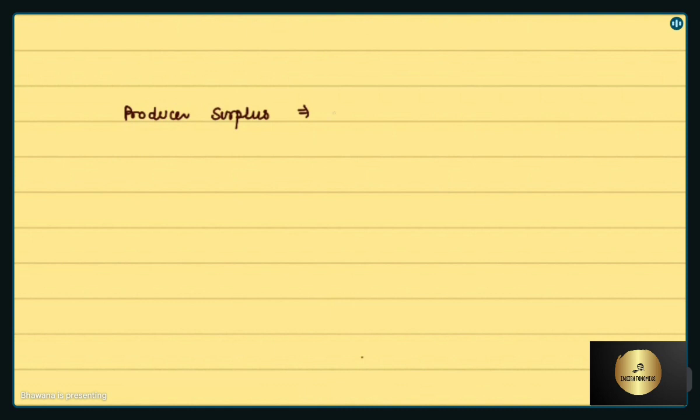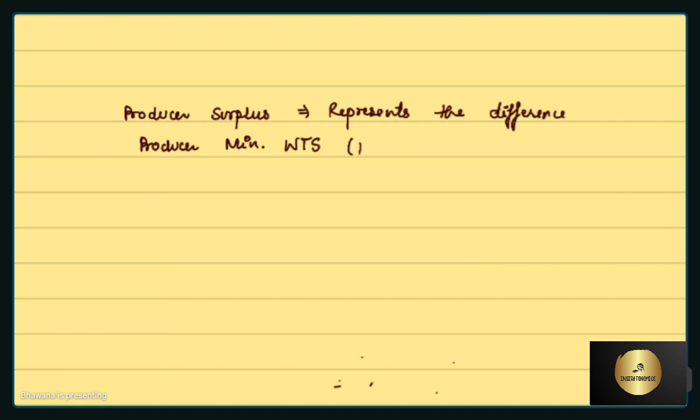So, in short, it represents the difference between a seller's or a producer's minimum willingness to sell a particular commodity, that is, you can represent it as P, and what he actually charges with respect to price, P star, the equilibrium price.